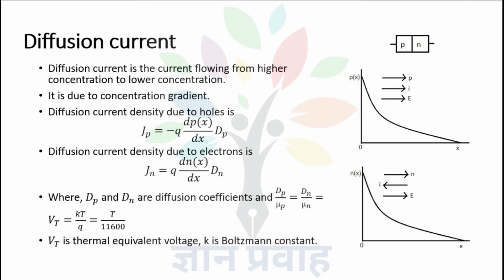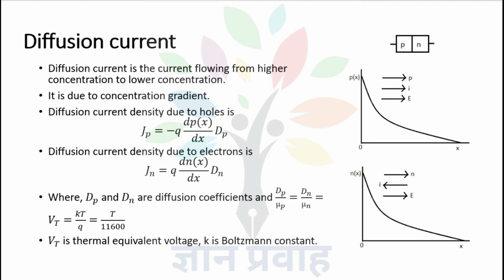Diffusion current for PN junction diode. In the last lectures we discussed drift current. There is a difference between drift and diffusion currents. Drift current is the current when we apply external voltage across a PN junction diode, while diffusion current is the current when we are not applying any voltage across the diode. There is a leak current in the PN junction diode, and this current is called diffusion current.